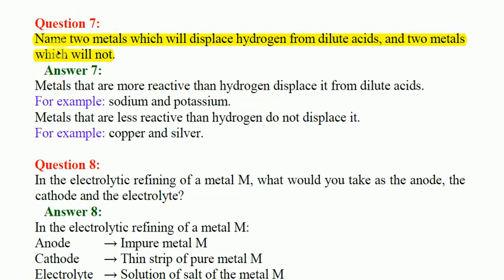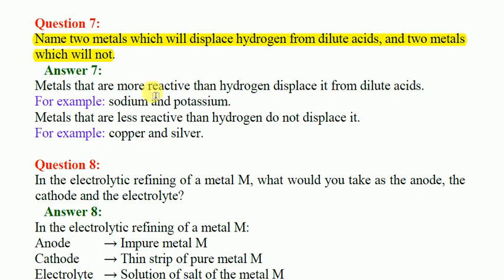Next question: name two metals which can displace hydrogen from dilute acid, and name the metals which cannot displace hydrogen from dilute acid. You know very well, students, the elements which appear at the top of the reactivity series are more reactive. The elements which come after hydrogen are called less reactive.